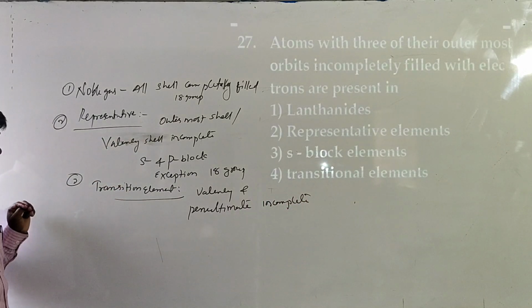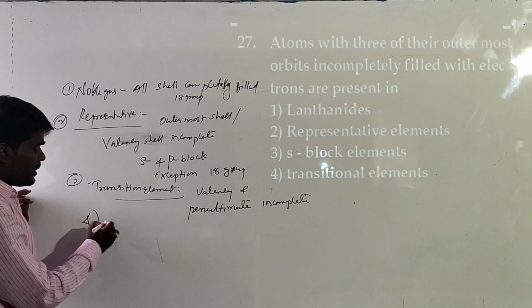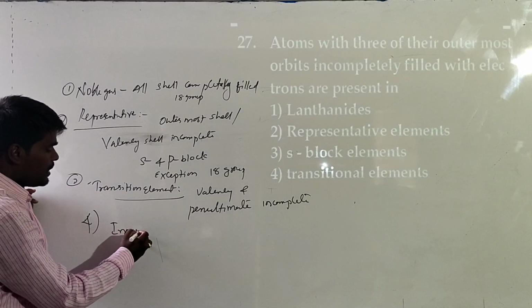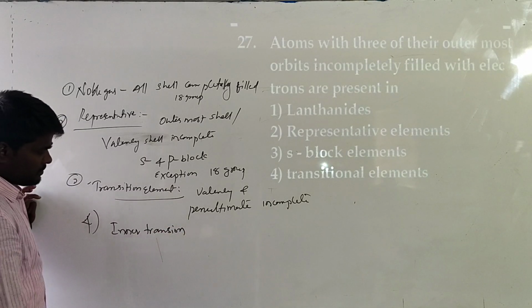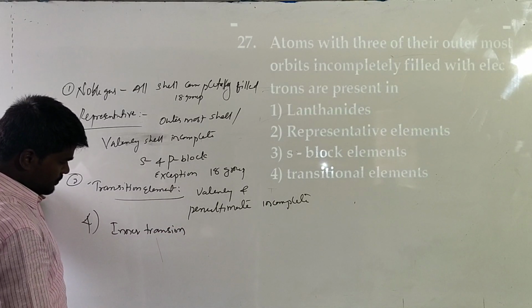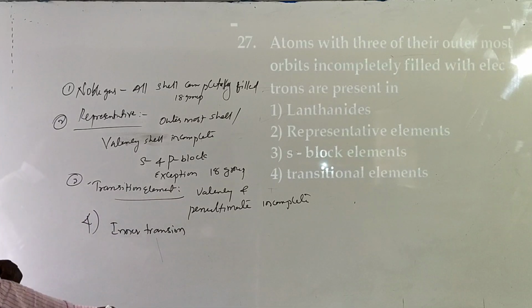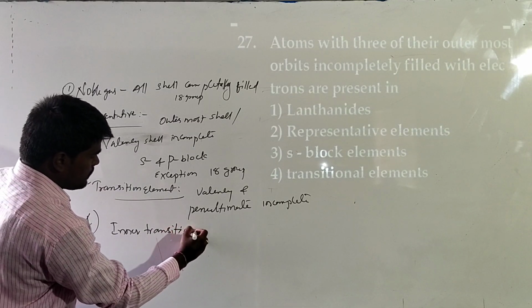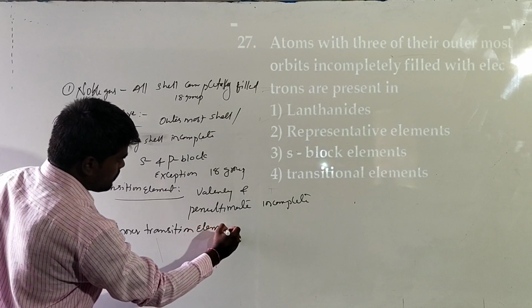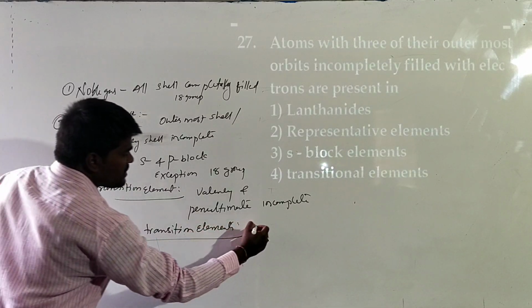Two shells are incomplete, very important. If you are talking about inner transition elements, three shells are incomplete.